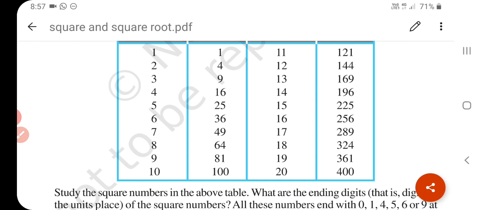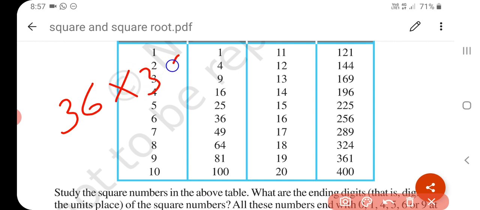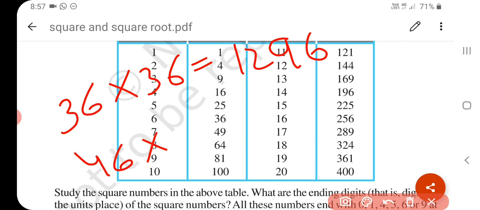If you multiply 36 into 36, what do you get? That is 1296. And 46 into 46, you get 2116. Understand? So this is the sequence.